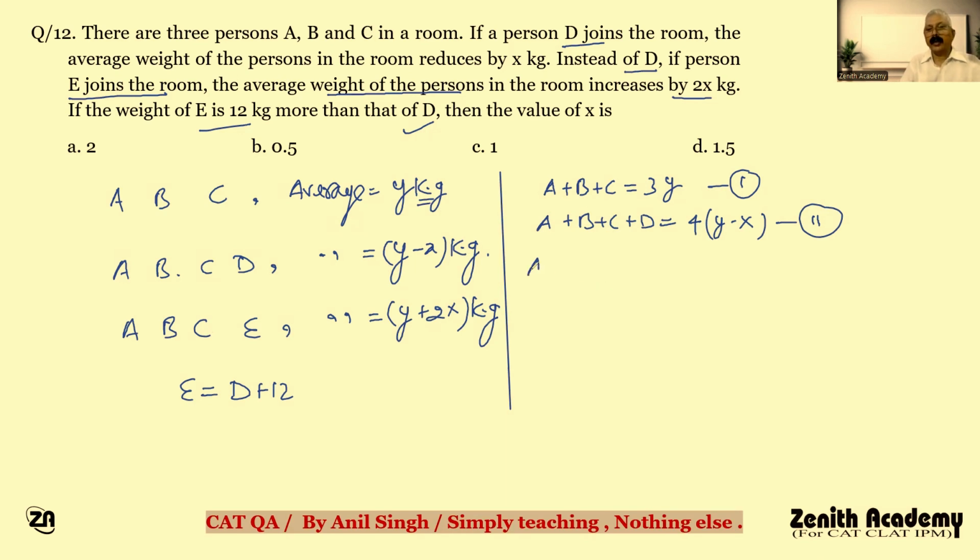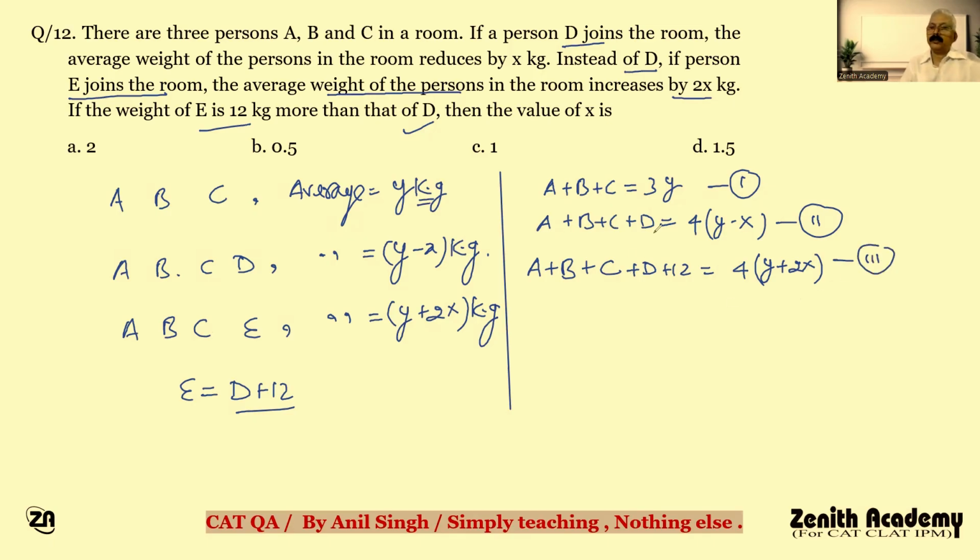And here A plus B plus C plus E, which is equal to A plus B plus C plus D plus 12, is equal to 4 into (Y plus 2X).